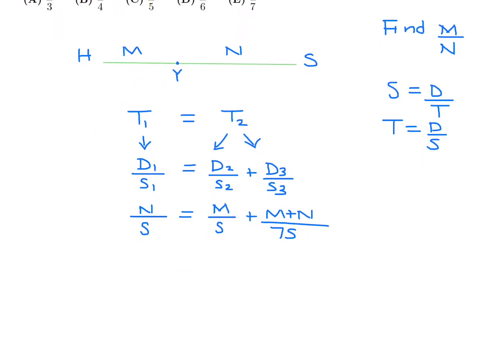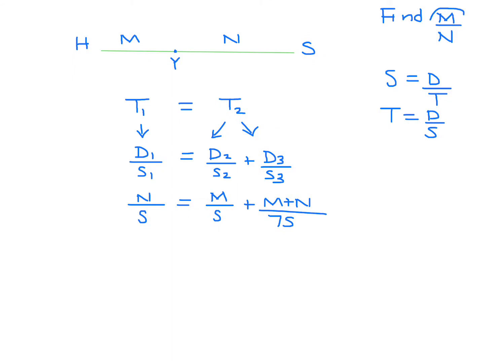So this is the equation that will hopefully give us M over N. Let's get a common denominator and multiply everything top and bottom by 7. You get 7N over 7S is equal to 7M over 7S plus M plus N all over 7S. Now the 7S's can all disappear, and we can concentrate on the numerators.